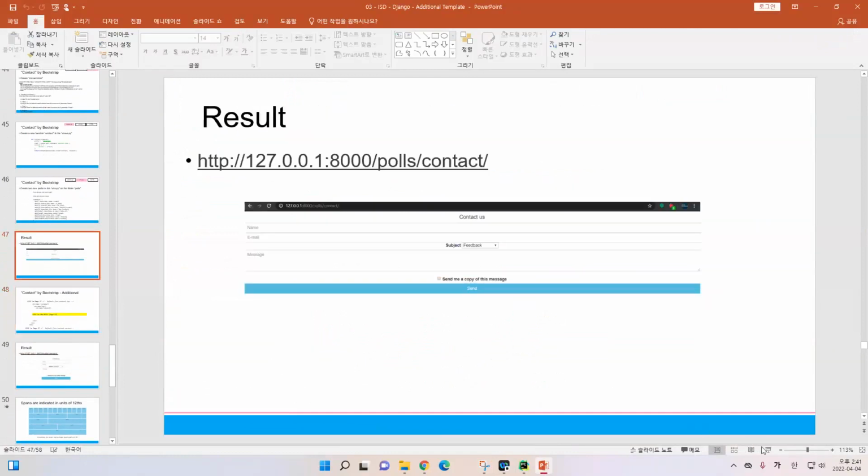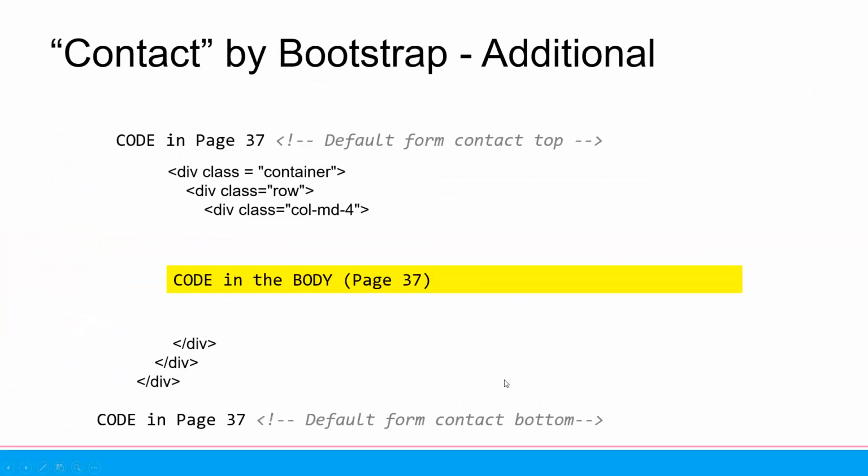So in the contact by Bootstrap, whenever you make a kind of code, you will have a hierarchy. The hierarchy means you will have the container, and then you will define the row, and then you will define the column.